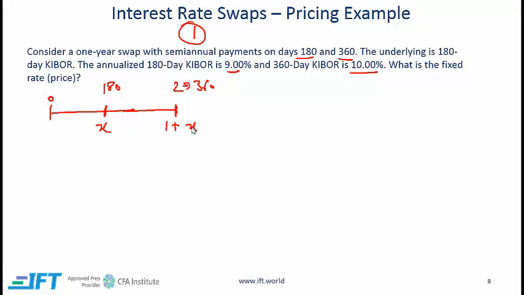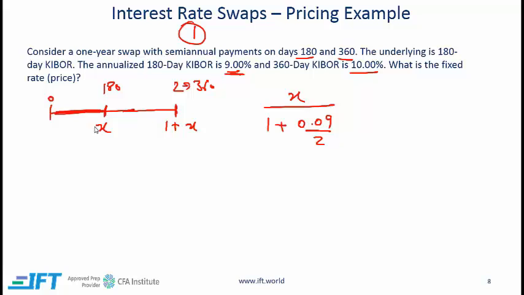It's 1 plus X. What is the present value of these cash flows? So you need to discount X back. Are you given the 180-day rate? You are given the 180-day rate. It is 9%. So when you discount X back, you should get X over 1 plus 0.09 over 2. Why over 2? Because 9% is annualized. This is 180 over 360.